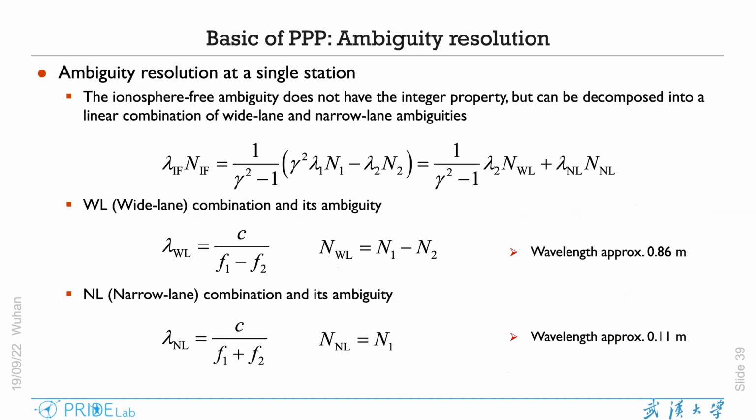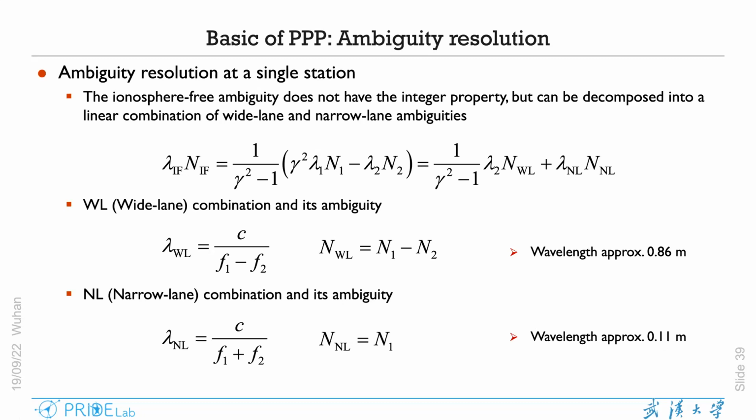So after we make this single differencing operation, we come to our further decomposition of the ionosphere-free ambiguities. This ambiguity does not have the integer property, but it can be decomposed into a linear combination of the wide-lane and the narrow-lane ambiguities. You only need to remember that the wide-lane combination has a longer wavelength of approximately 86 centimeters, and the narrow-lane combination has a wavelength of approximately 11 centimeters, which is only half of the wavelength of the raw L1 and L2 GPS ambiguities.